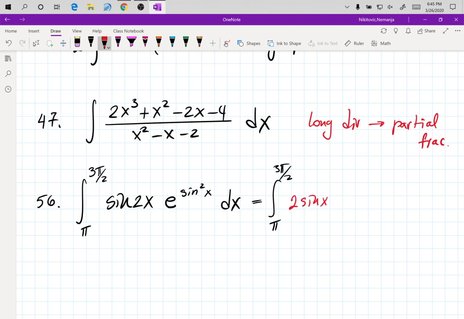2 sine x cosine x, and then we have e to the sine x, right? That's all squared dx. So we immediately start with the u sub. Make this sine x, and du becomes cosine x dx.